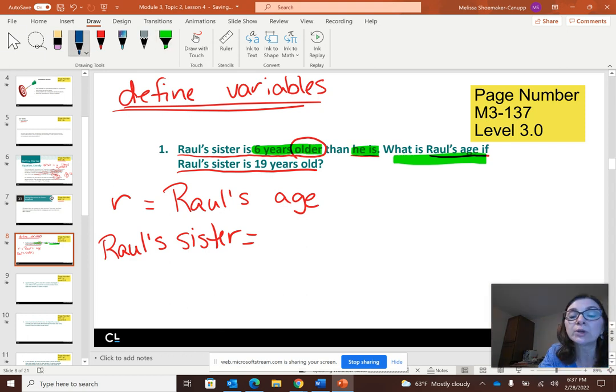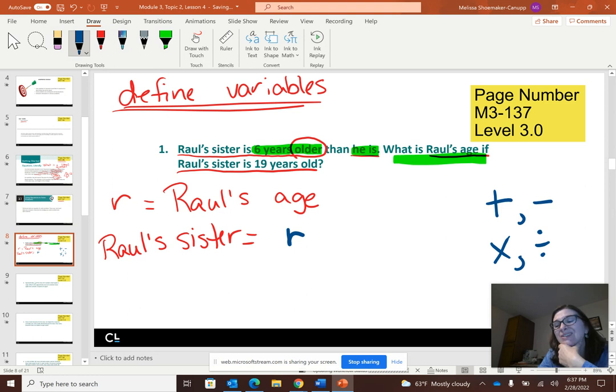Okay, so we're going to have Raul's age, which I'm using an R, and it says that his sister is 6 years older. How can I show that in math? Remember, in math, we're either going to add, subtract, multiply, or divide. And I think when somebody's older than you, you would want to add.